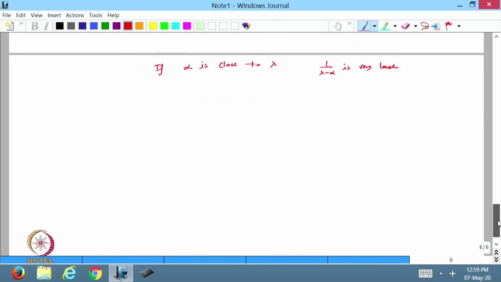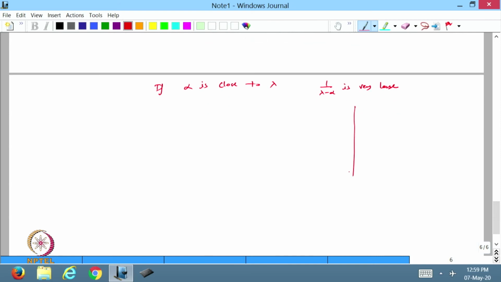In fact, if I want to plot a graph for this one, suppose this is my alpha, and this is the value, and I just take the magnitude.